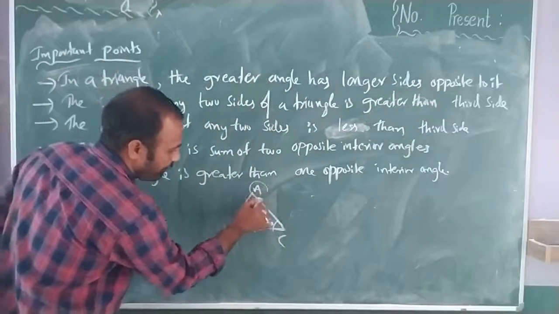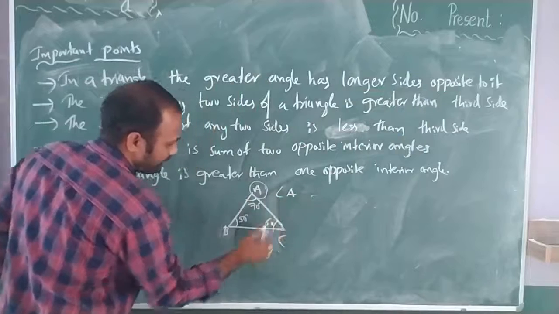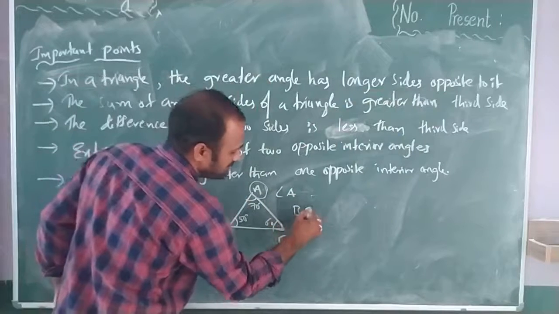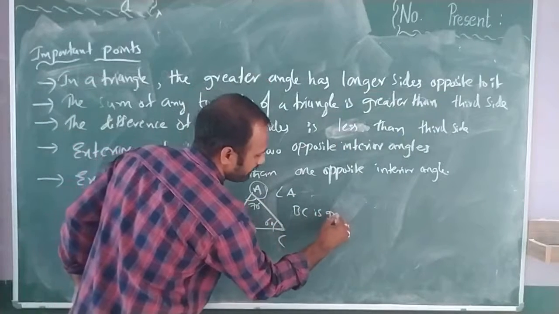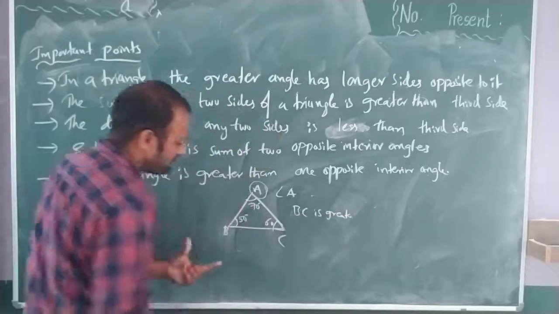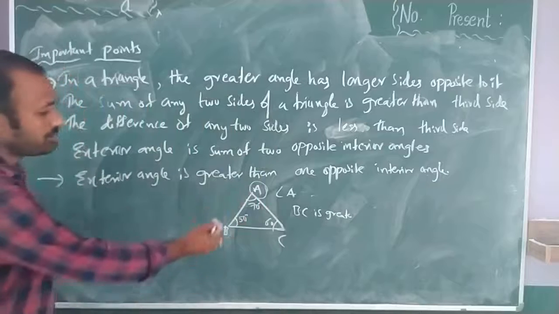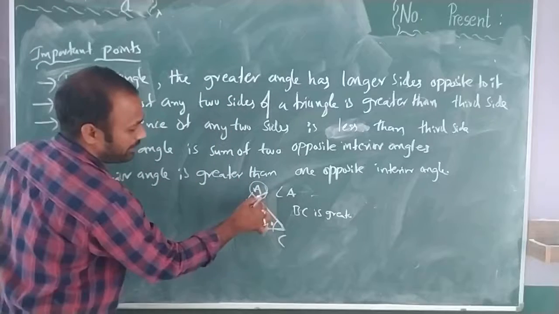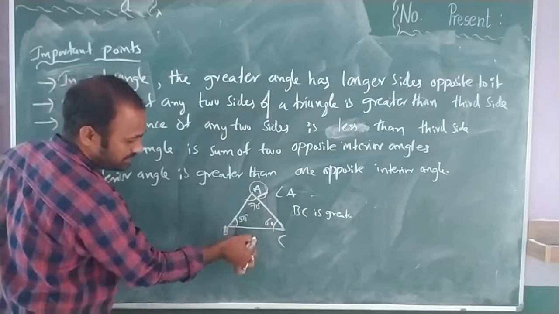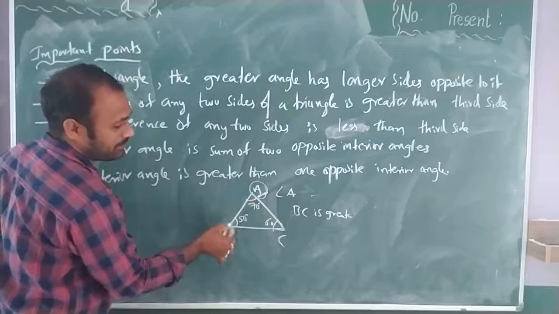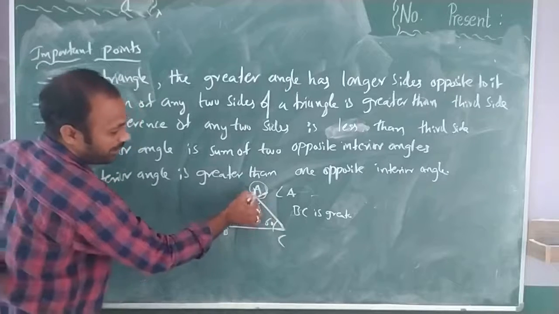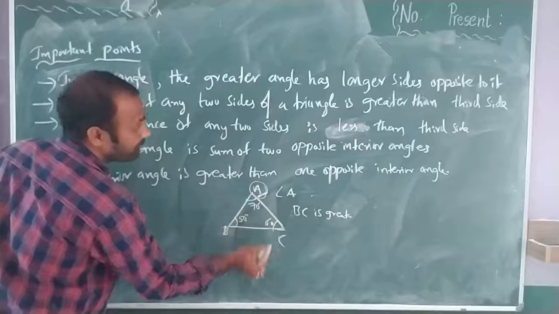It means that if angle A is greater, then BC side is greater. BC should have more length compared to AB and AC. Why? Because there is one rule that if angle A is greater, the opposite side should be greater in length. If angle B is greater, AB length should be more.